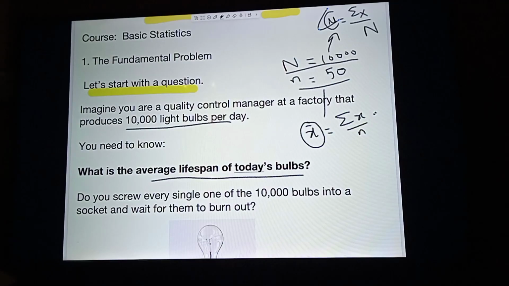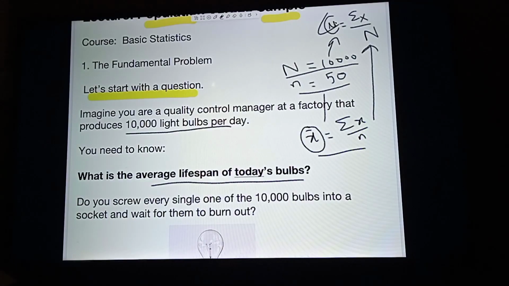Now we use this sample to talk about this population. So if this sample is a representative sample, then we will correctly estimate, or we will correctly identify the average lifespan of all 10,000 light bulbs.